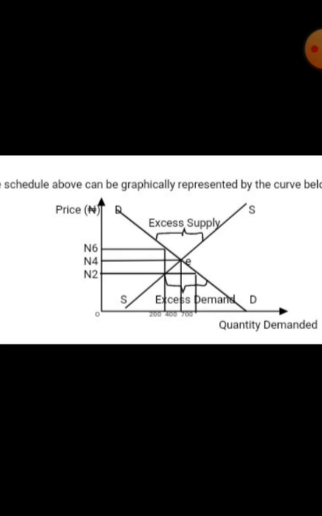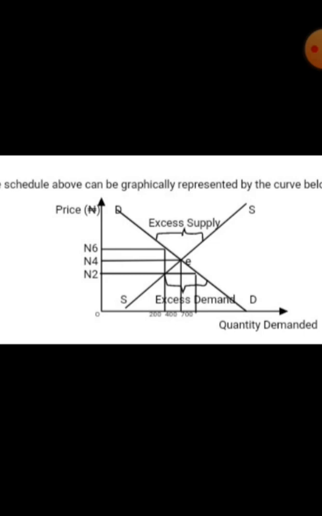Also, price tends to rise. At the equilibrium price, quantity demanded is equal to quantity supplied. Like we have on this table, any price above 4 naira is excess supply. Any price below the equilibrium point is excess demand. In this table, the equilibrium price is 4 naira because it is at that point, if you trace it down to the center, that we have the equilibrium point.